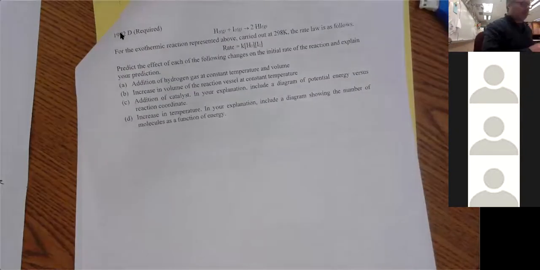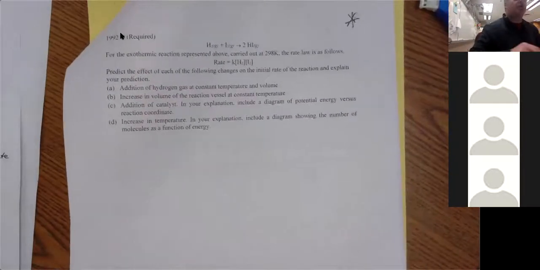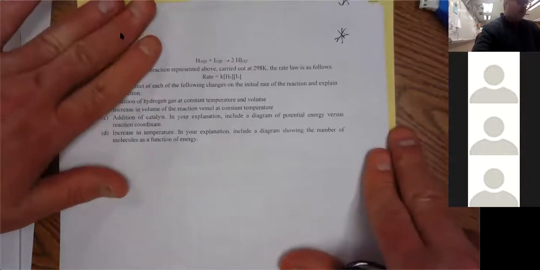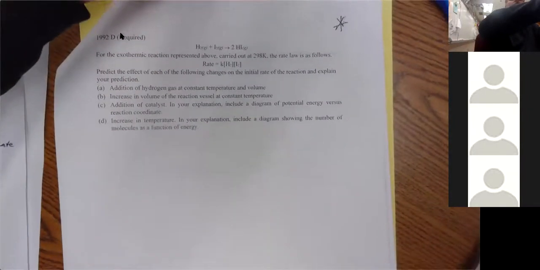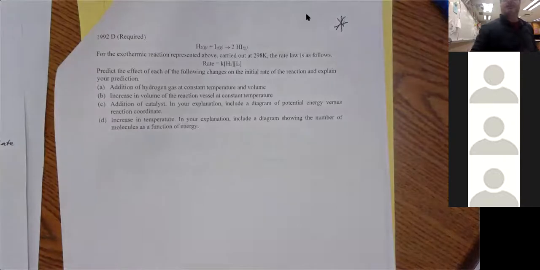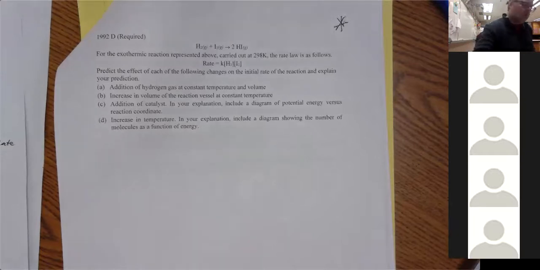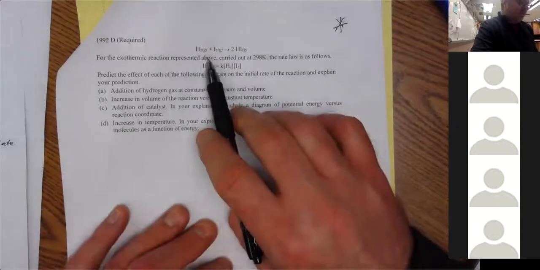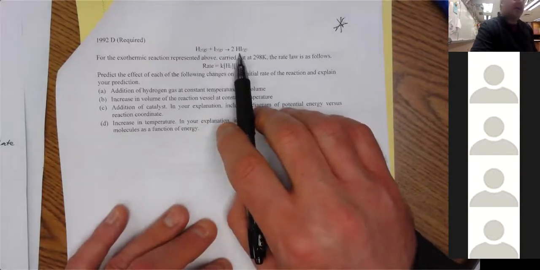Let's take a look then at 1992, B. Let me move you guys down here so I can see this book. There we go. All right, H2 plus I2 yields 2HI.